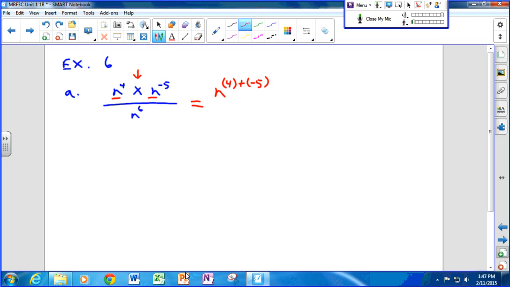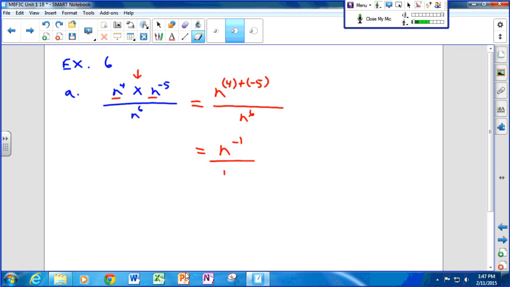That's the numerator, and let's just copy the n to the power 6 over. We don't have to worry about that right now. Let's simplify. 4 minus 5 is n to the negative 1, so n to the negative 1 over n to the power 6.